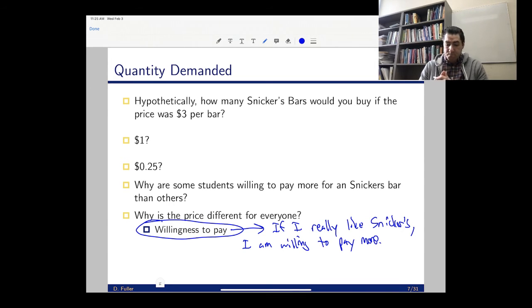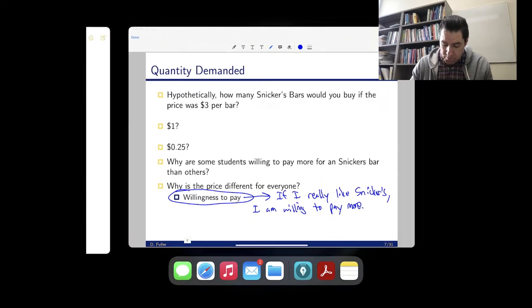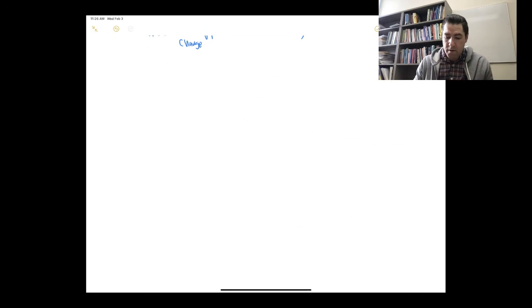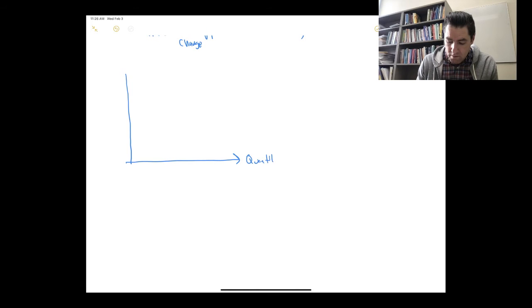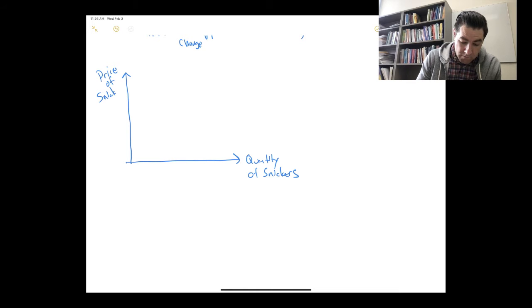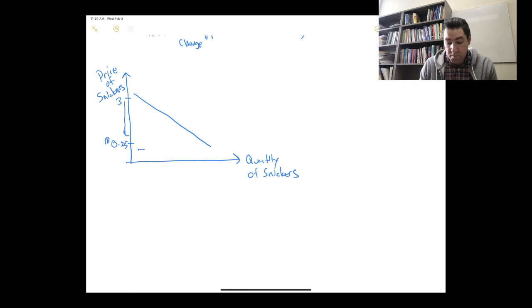What we've also noticed here is, if I were to draw a graph, where I put the quantity of Snickers on the x-axis and the price I'm charging on the vertical axis, we saw that as the price decreased from 3 down to 25 cents, the number of Snickers bars people were willing to buy increased.